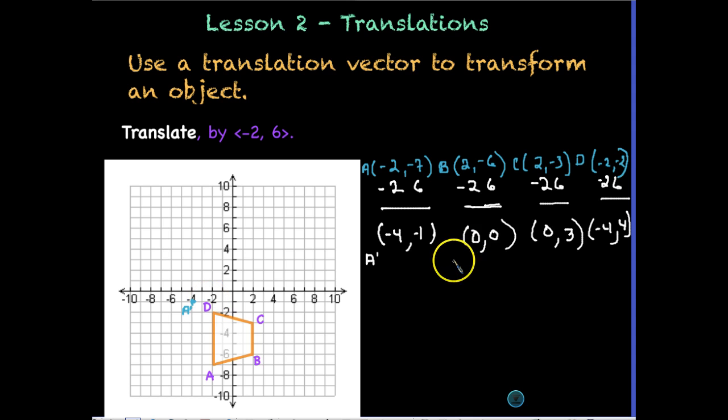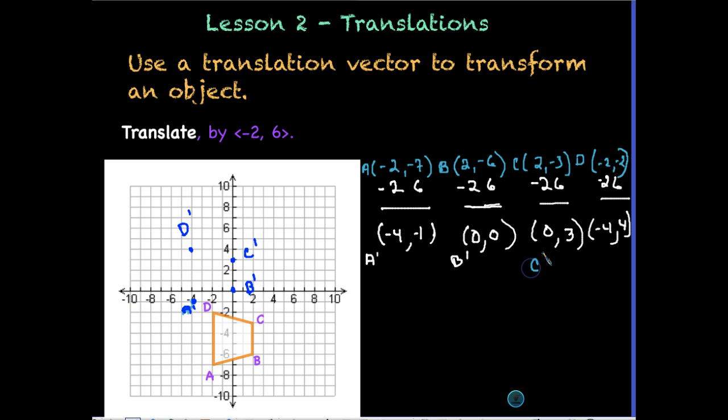right there. This is our B prime, and we can go ahead and mark that one as 0, 0 right here. Make this a little more visible. And then we have 0, 3, which is our C prime, and negative 4, 4, which is our D prime.